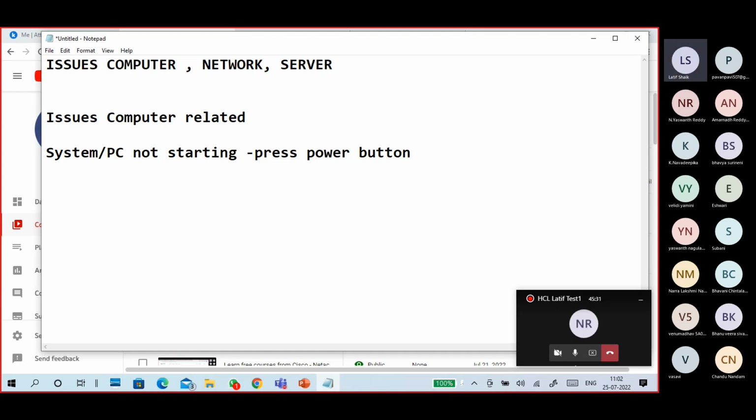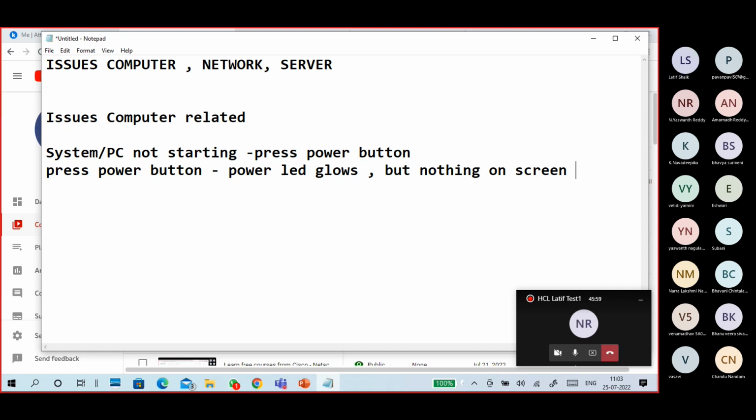Next case, you press the power button, the power LED glows, but nothing on the screen.